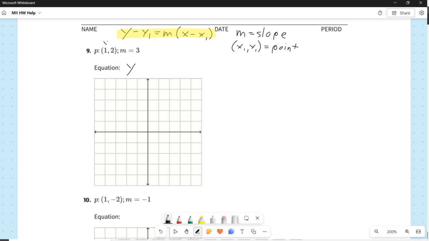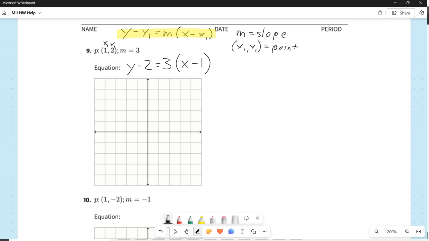Our point has x1 and y1, so y1 is 2, and we're subtracting it. So it's y minus 2 equals m, which we're told is 3. Parentheses, this x we do not substitute for, that's our input to our function. And then x1 is positive 1, and we're subtracting it, so it's x minus 1.